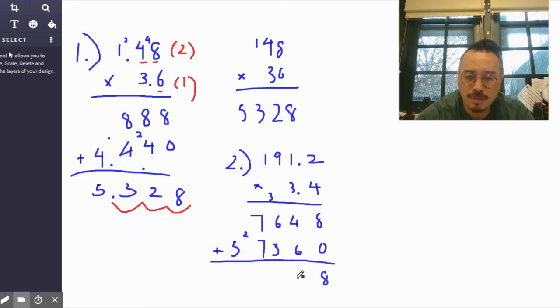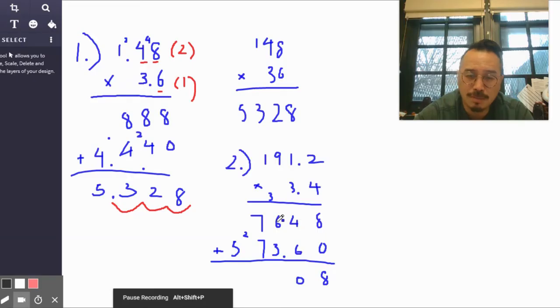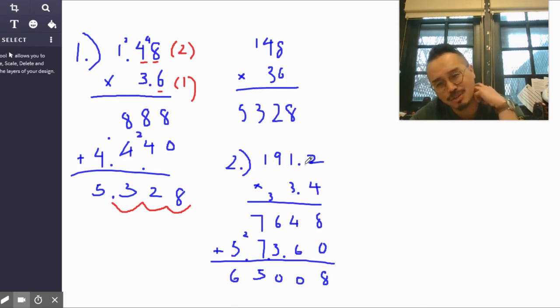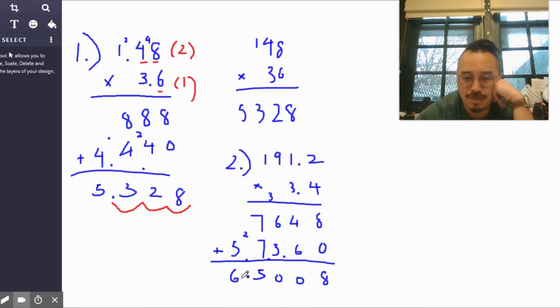8, so that's 10. 6. 6 plus 3 is 9 plus 1 is 10. 7 plus 7 is 14 plus 1 is 15. 5 plus 1 is 6, right? So here, if you were to do 1,912 times 34, you get 65,008.